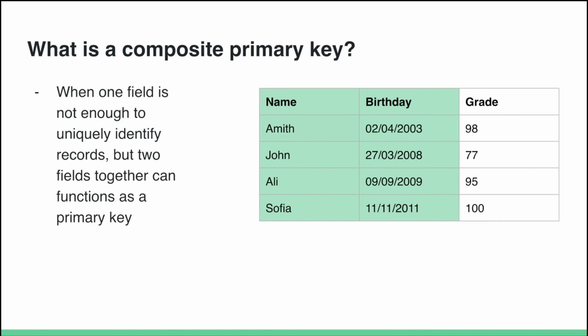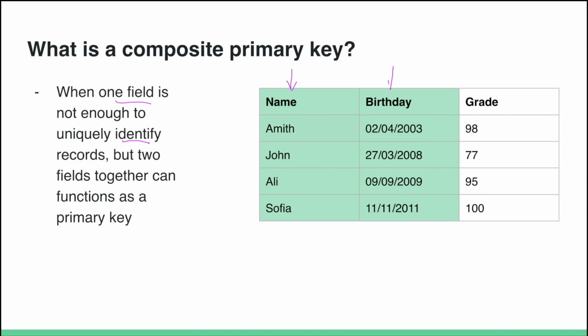Now getting to composite primary keys. If we have a table and one field is not enough to uniquely identify records, but two fields can do it together, they together can function as a primary key. A name is not enough because multiple people can have the same name, and they often do in a class.